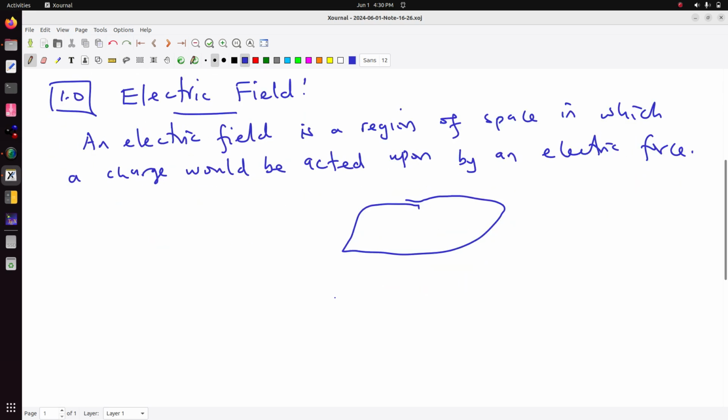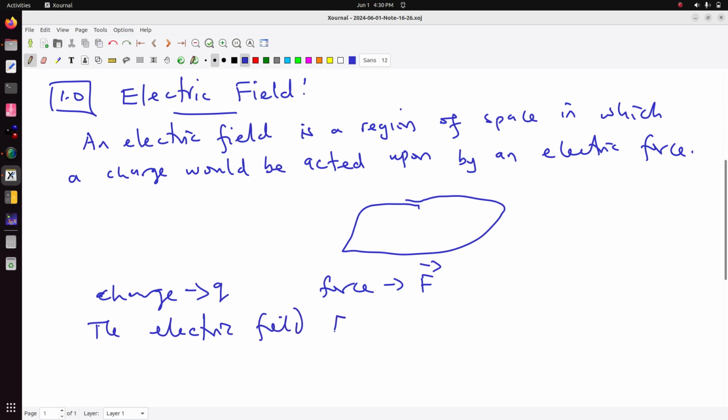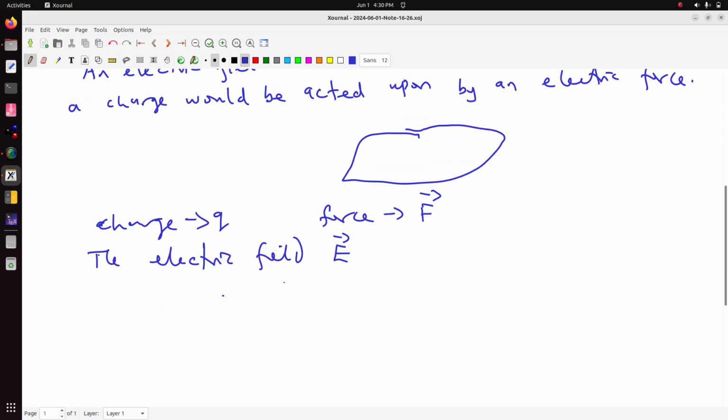Now, let's say a charge Q, okay, so let's denote our charge by Q. And this charge is acted on by a force F, which is a vector. So the electric field E, it's also a vector, at that point is defined as the ratio of the force per unit charge.